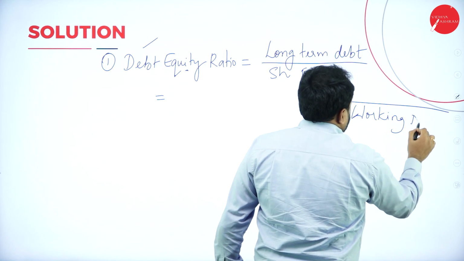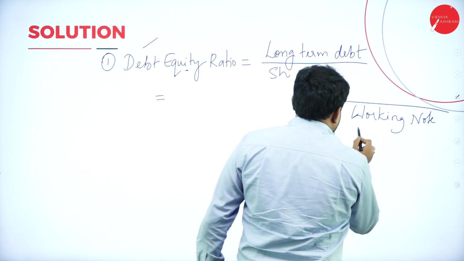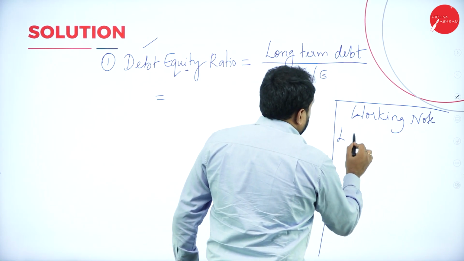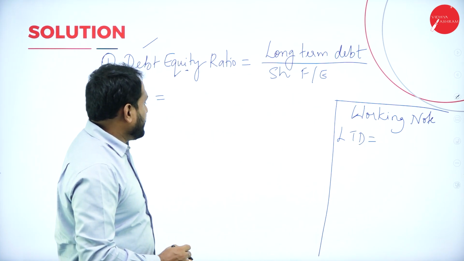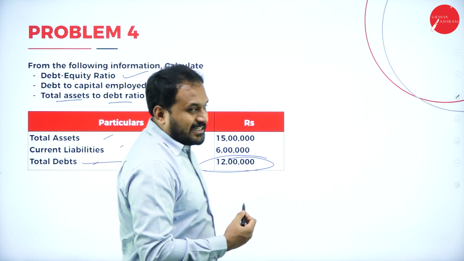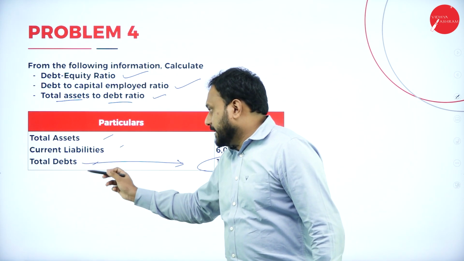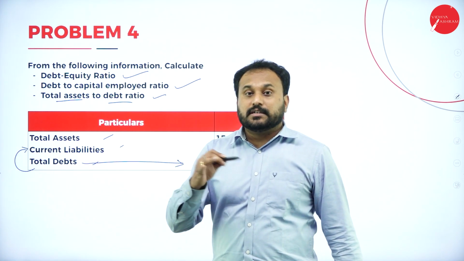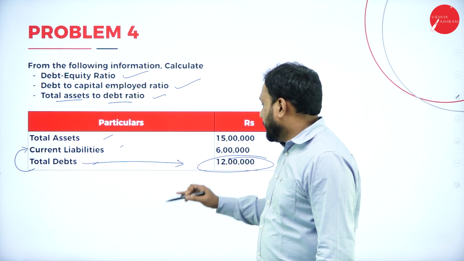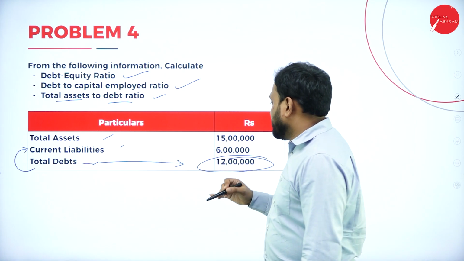Working note. Now long-term debt is equal to, what all we have here? We have total assets, current liabilities, total debt. Total debt minus current liability is my long-term debt. What is it? Total debt is how much? 12 lakh. Current liability is 6 lakh.